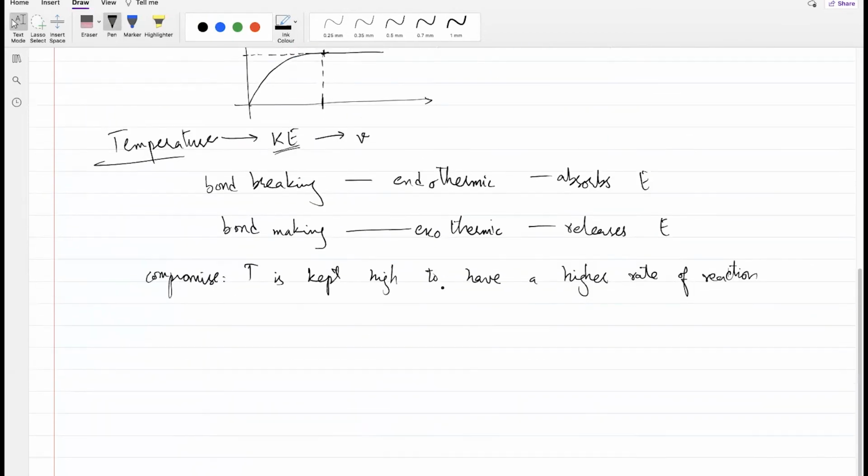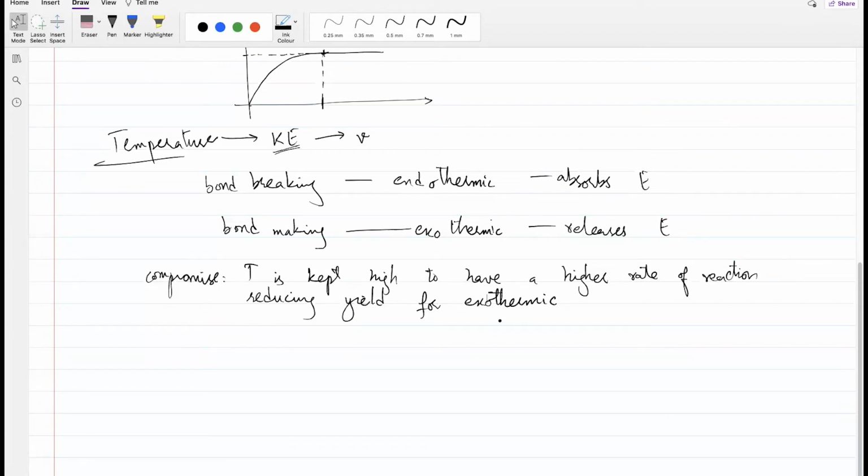So it is a compromise. It reduces the yield. If the reaction is exothermic, having a low temperature will be more favorable, more useful for yield, the amount of production.